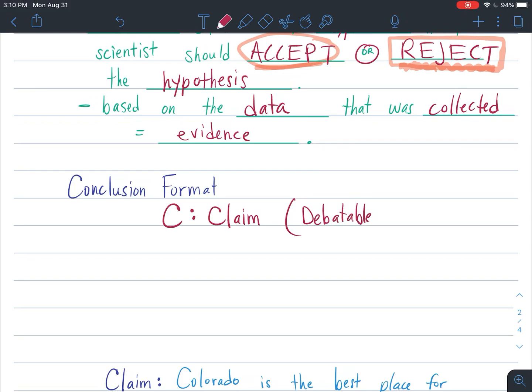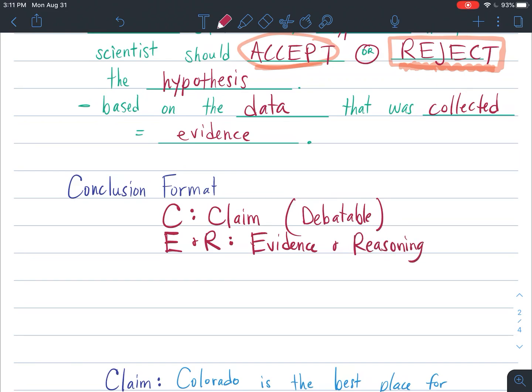It should be something like saying that cardboard is not as good of a material to make a paper airplane compared to computer paper. That would be a claim. That's something someone could debate, but I'm going to state that. And in order to reinforce my claim and say, no, I am correct here, I'm going to include E and R, which is evidence and reasoning.